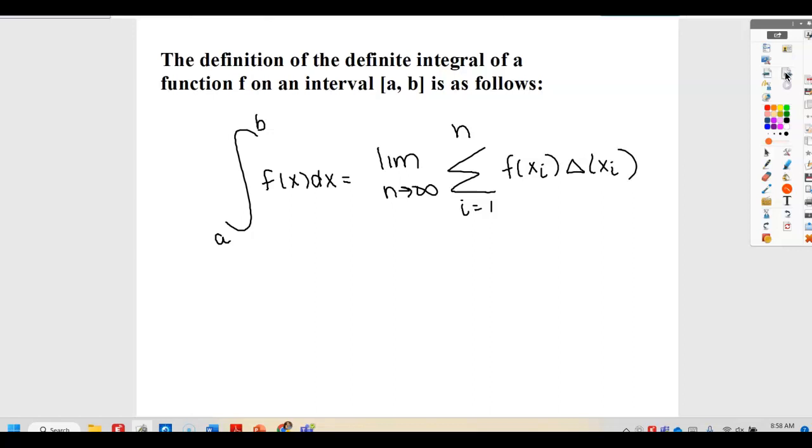A derivative is a rate of change. An integral represents an area or a total distance. It allows us to find position.